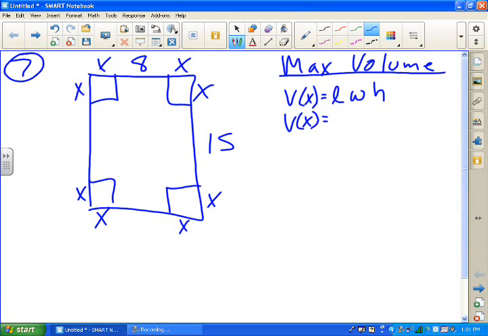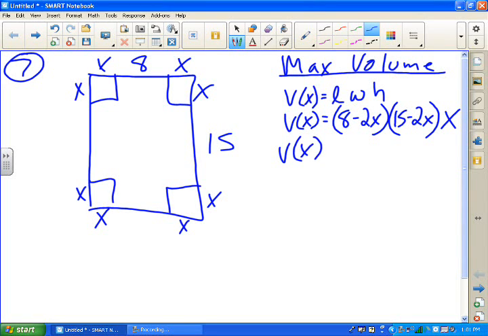So for the length, the total length for one side would be 8 minus 2x. So I don't know how long x would be, but I would subtract x twice, and that's what I would have left. Then the width would be 15 minus 2x, and then the height of the box would actually be x.